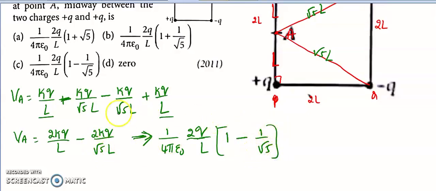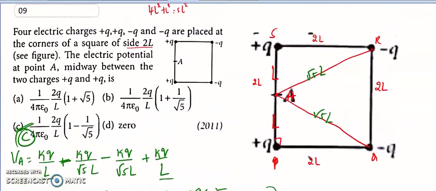So which is the answer? 1 by 4 pi epsilon naught, 2Q divided by L, times 1 minus 1 by root 5. That is option C, the right answer for the 9th question.